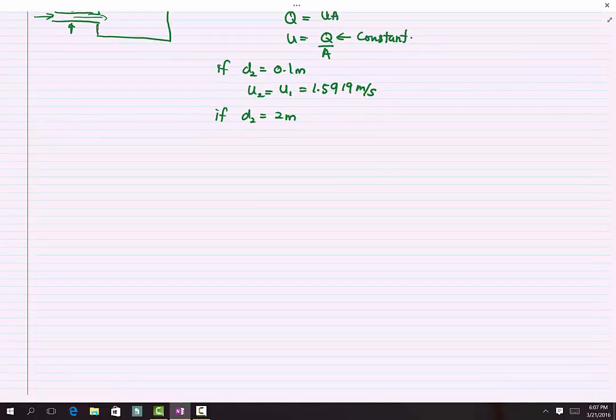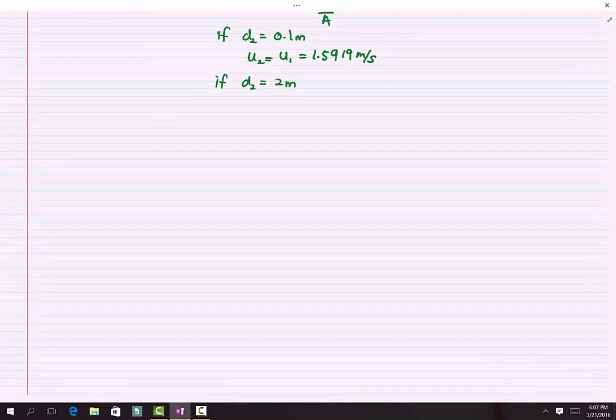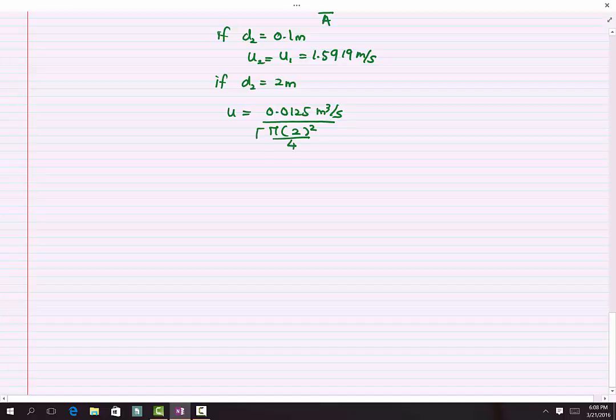If D2 is equal to 2 meter, we calculate U2 equals Q over area, where the area is pi D squared over 4.